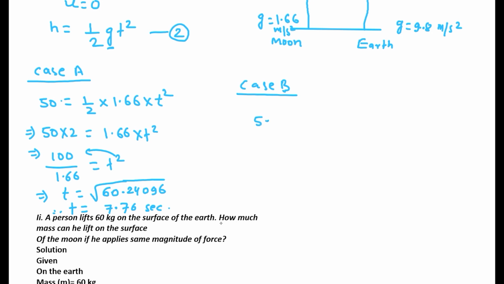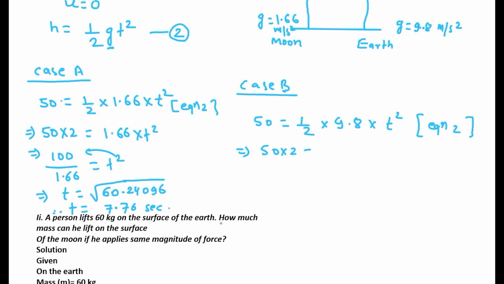But in case second, case B, the height is the same, 50, half, and g is given as 9.8, and we find t square from the second equation. Here 50 into 2 equal to 9.8 into t square.